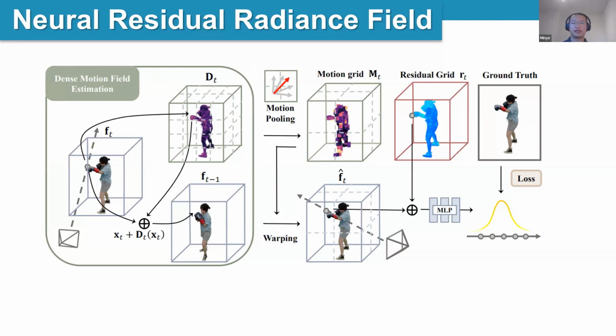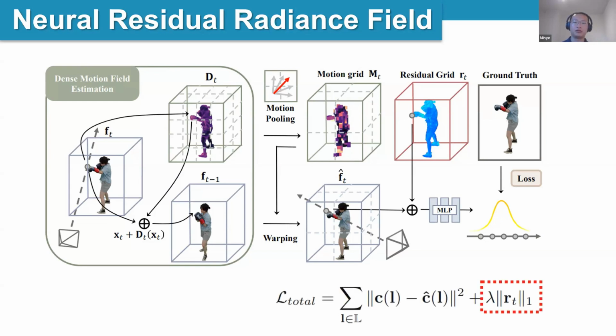Firstly, we utilize a motion compensation mechanism. This mechanism uses a coarse deformation field to warp the feature grid from the previous frame.